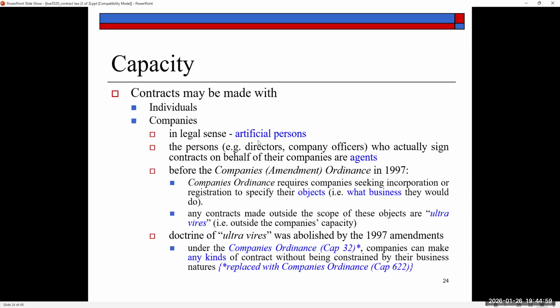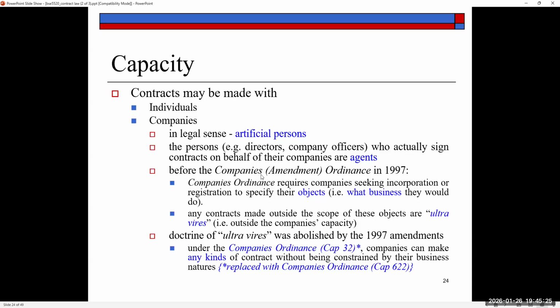We need to have representatives to sign. Not everybody in the company has the capacity, but for example, the director, company officers, company secretaries, those senior people may have the authority to sign contracts on behalf of their companies.